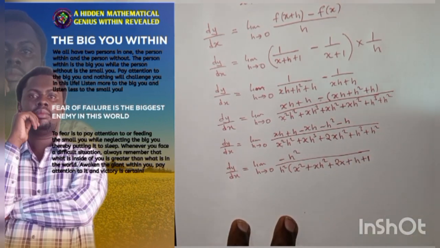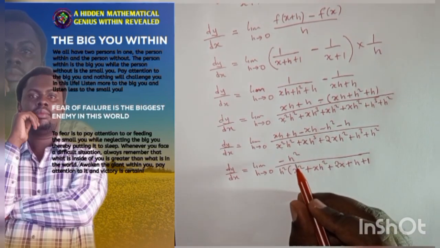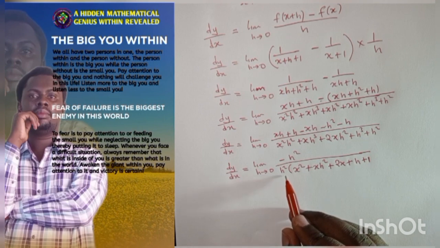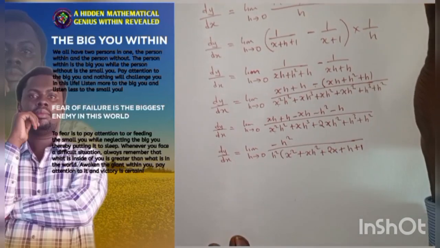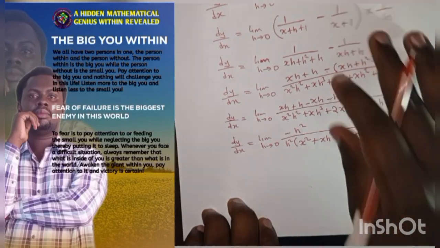Okay, so we can see that on the numerator there is h squared, and on the denominator here we have h squared, so h squared is common, so we can divide out h squared.